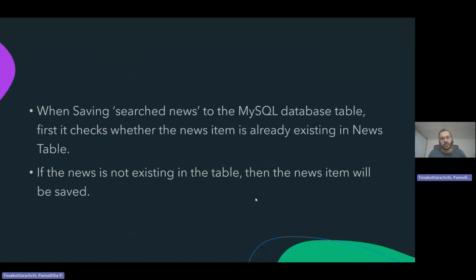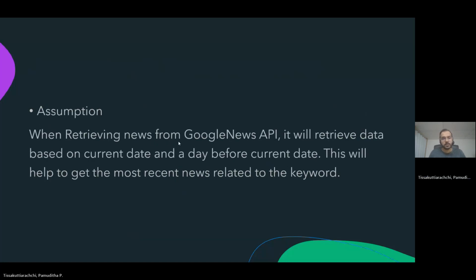This is because when searching news items, multiple users can search the same keyword. So every time we save the search news items in the table, there may be some duplicates. To avoid that, before saving, we search whether that record already exists.